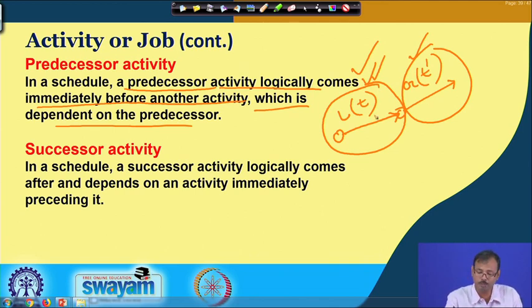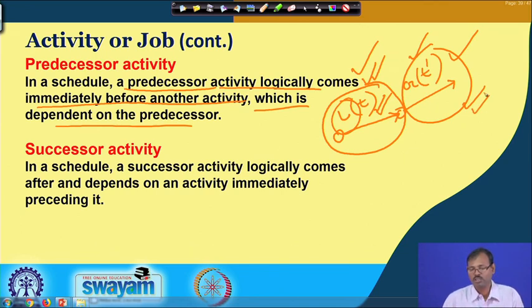So the completion of this is essentially required, that is called the predecessor activity. Similarly, this is the successor activity of that activity, because only after the completion of the lead will the next activity be started. So this lead will go into that unit operation to start that operation. So this is the successor activity.